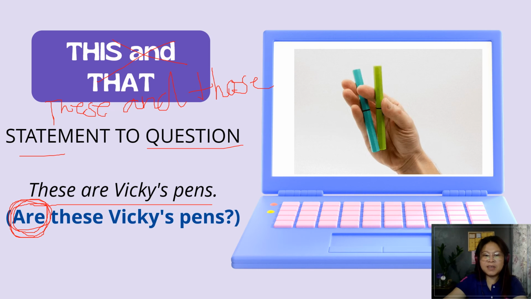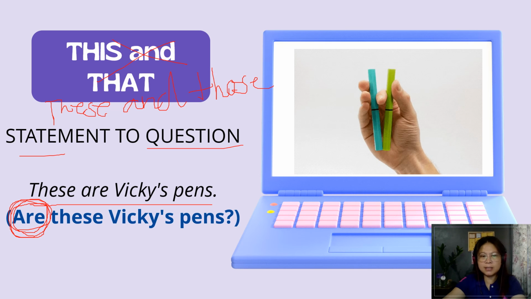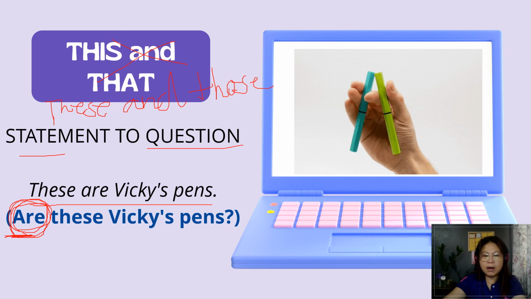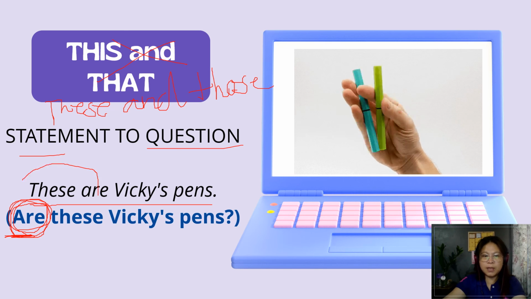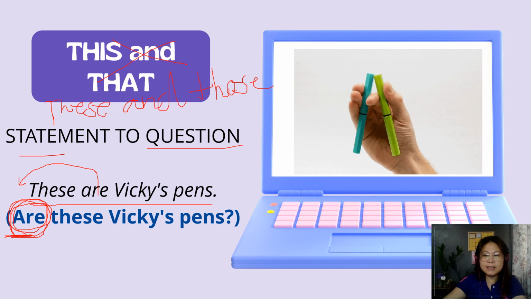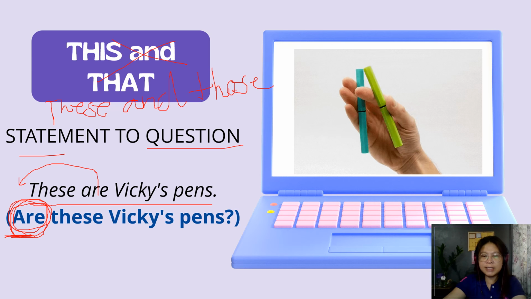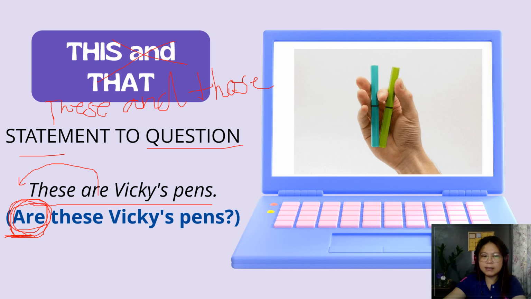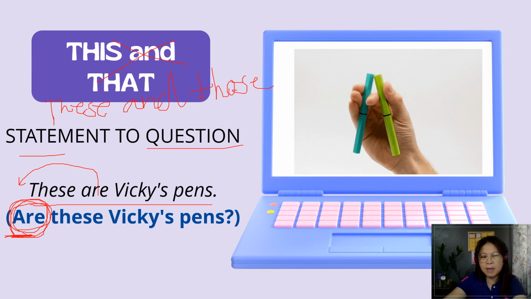So for example, these are Vicky's pens. We put are before the sentence. Are these Vicky's pens?